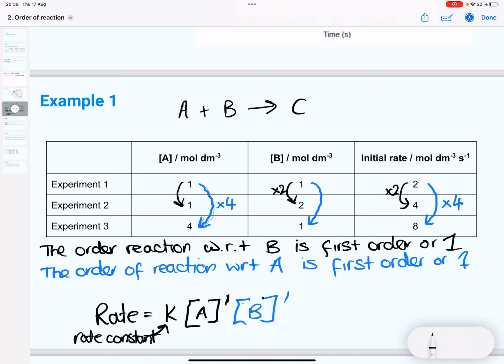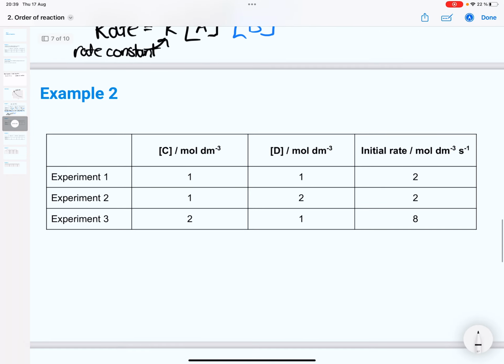Let's have a look at another example. Here we've got C plus D, let's say it reacts to form E. Okay, so experiment 1 and 2. Again, there is no increase in the concentration of C, but the concentration of D increases by a factor of 2. But look at the initial rate this time.